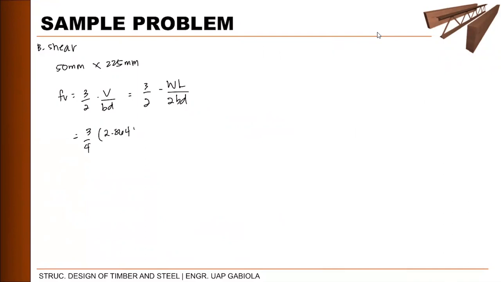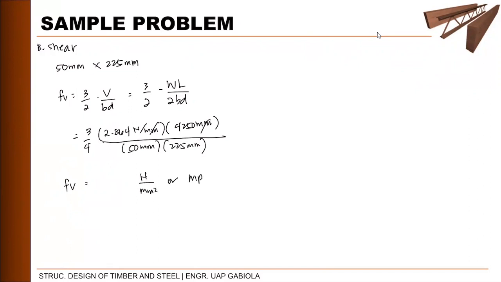Ang unit natin ngayon is Newton per mm times yung length natin na 4250 mm all over yung B natin na 50 mm then 225 mm. Okay? Cancel out yung mm doon. Matitira is Newton per mm squared or megapascal. Okay? So 0.75 times 2.864 times 4250 all over 50 times 225.